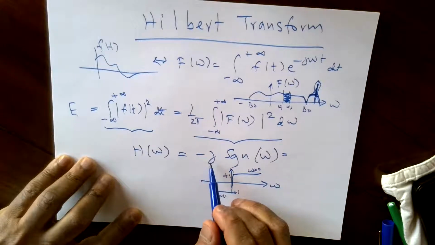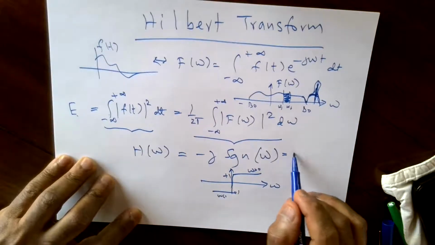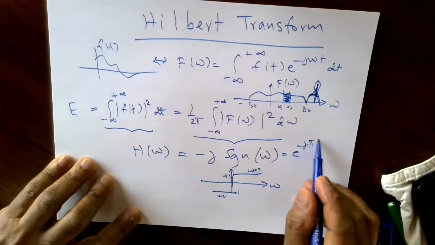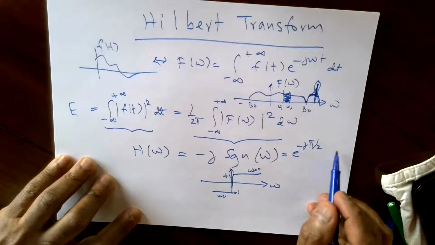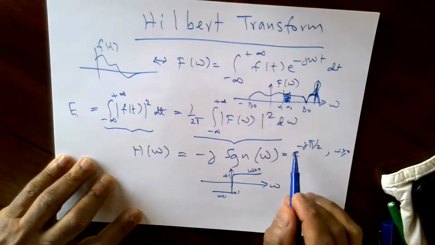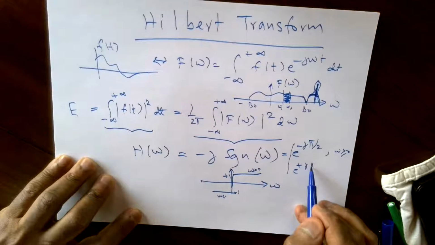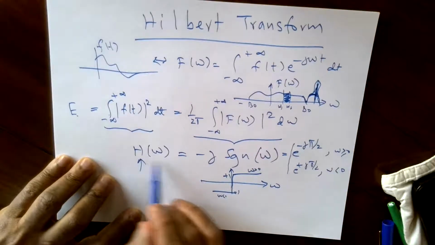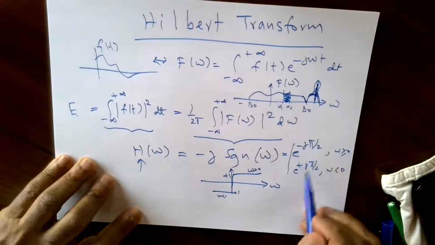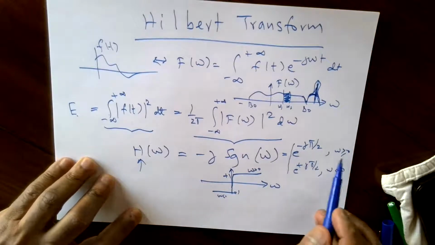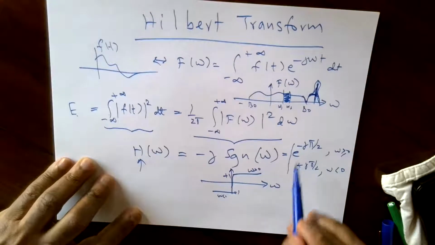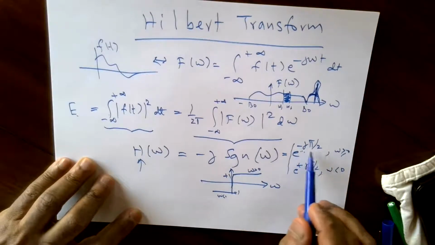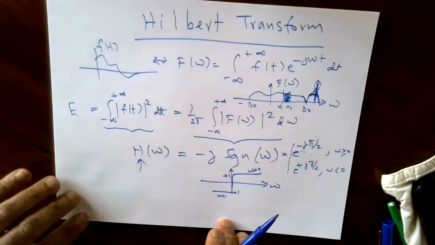That means since j is e raised to j pi by 2, we can also write this as e raised to minus j pi by 2 for omega positive, and e raised to plus j pi by 2 for omega negative. That means whatever this frequency domain operation does, this function does a phase shift in this odd manner. For positive frequencies, shifted by minus pi by 2, otherwise plus pi by 2.